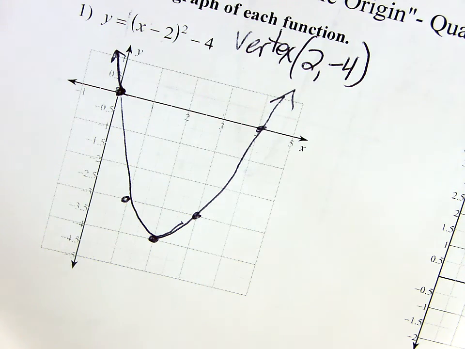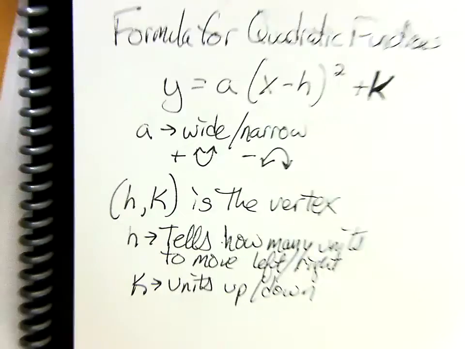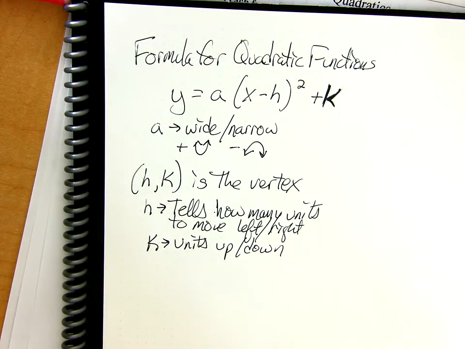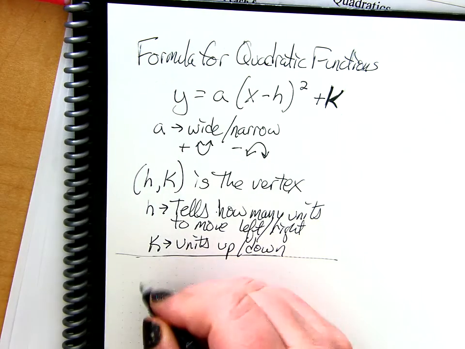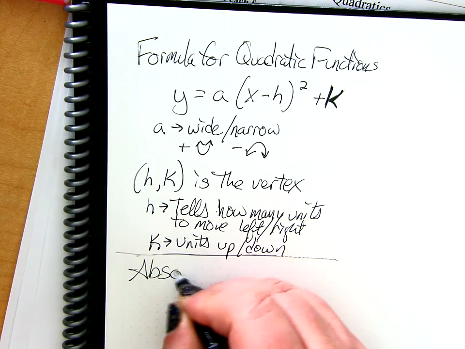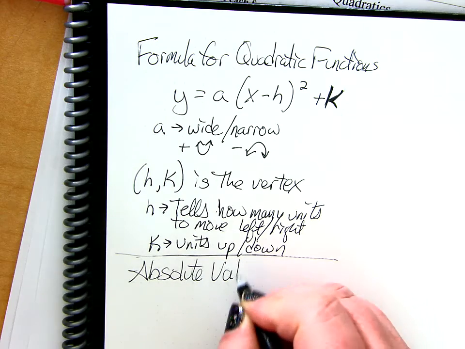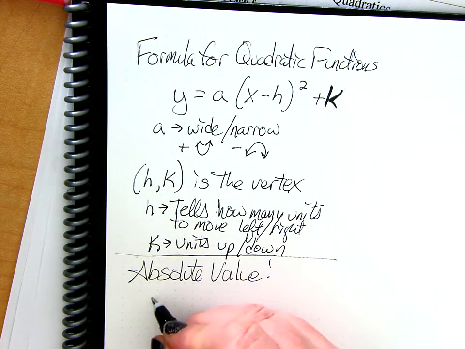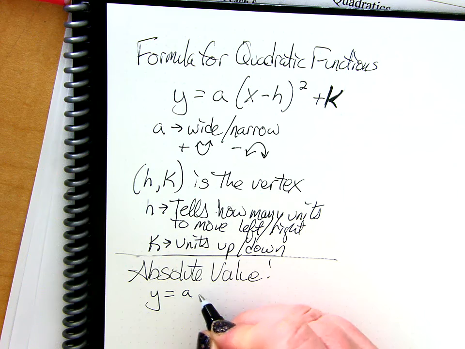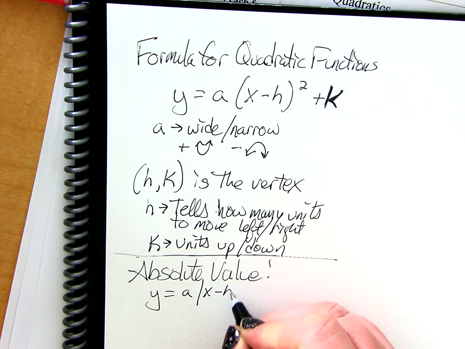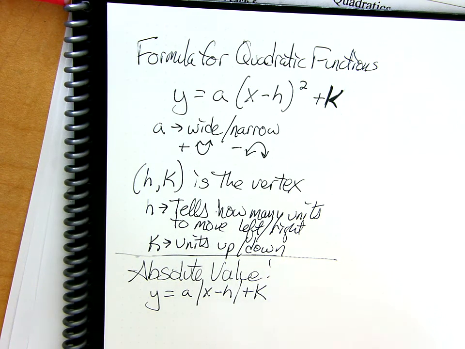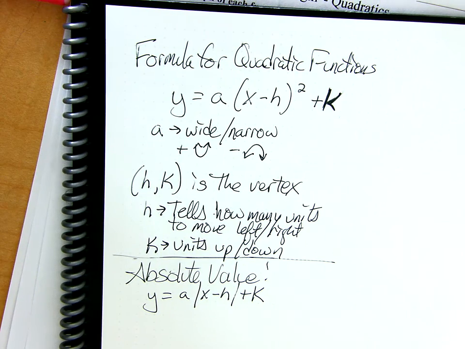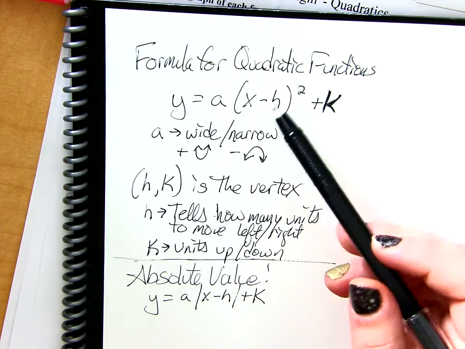Okay, so let's look at the absolute value ones. You're going to see how similar it is to the quadratic one. So check this one out. Y equals A times the absolute value of x minus h, plus k. Guys, it's almost the exact same formula.